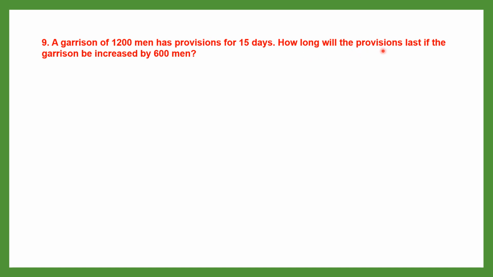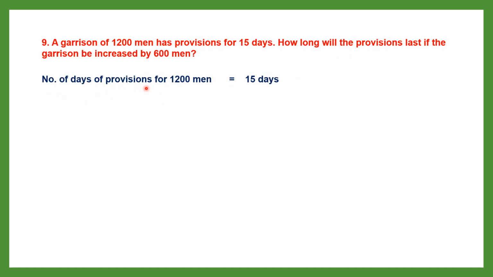Now how long will the provisions last if the garrison be increased by 600 men? That means first you had 1200 men. Suppose we add 600 more men. How long will these provisions last? That is the question. So here we're talking about time. So let's start by saying what's given to us.